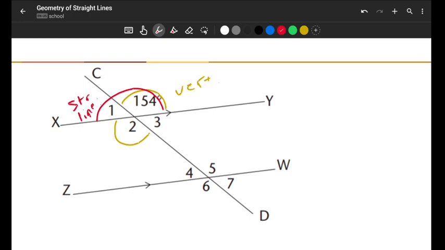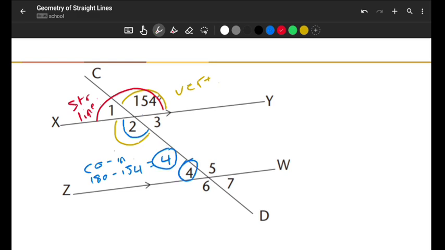Then we say this 2 and the 4 are co-interior angles, right? Remember, if this is 154, you're going to say 180 minus 154, and you're going to get angle 4, this one here, right?